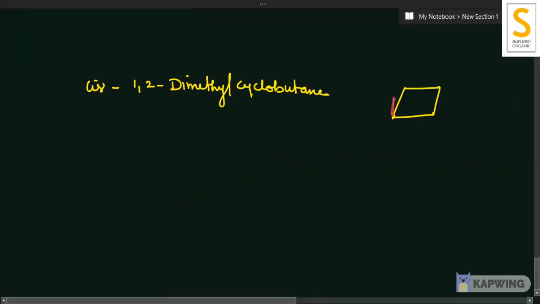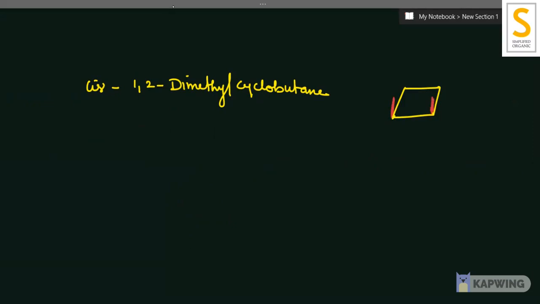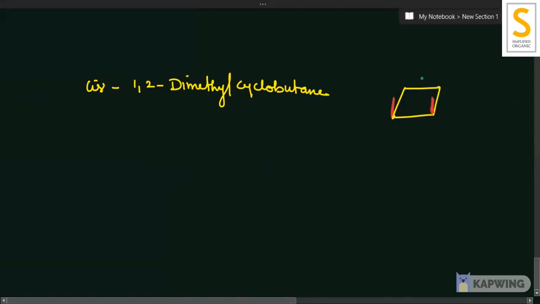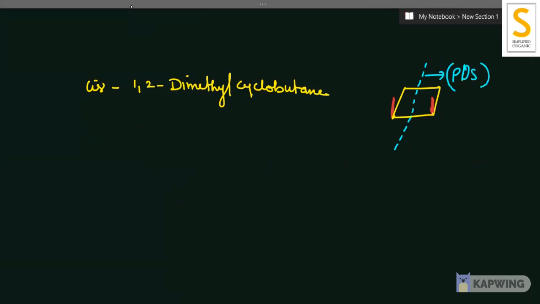These are the two methyl groups above the plane as they are cis. Cis means on the same side, right? So I can cut this molecule into exactly half by passing a plane. So this is the plane of symmetry. This molecule has a plane of symmetry.